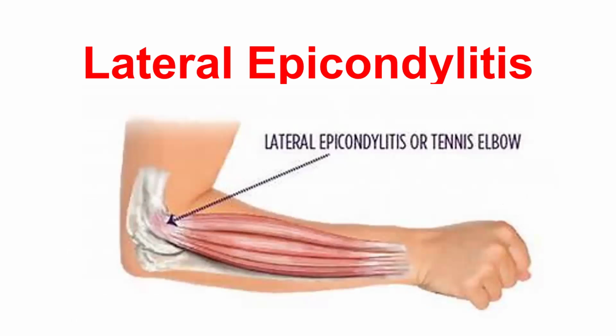Now, I would just like to mention that there is a technique where a portion of the medial epicondyle is resected, and this relieves the tension on the ulnar nerve. But you have to be very careful in this case so as not to tear or injure the ulnar collateral ligament.